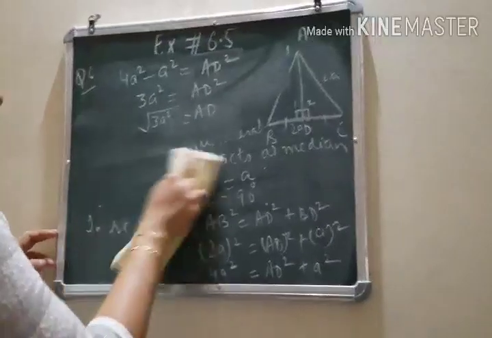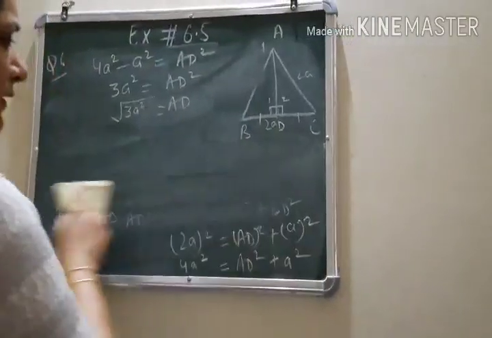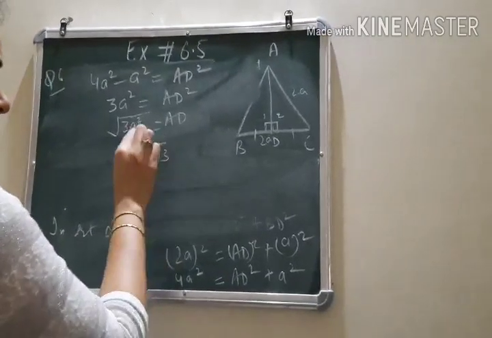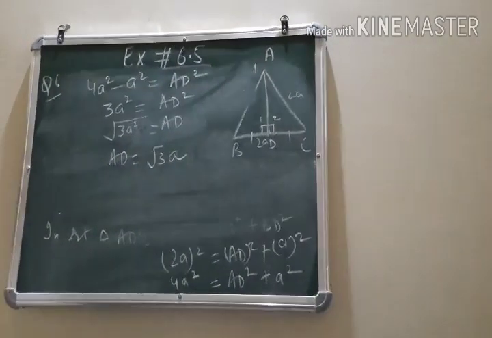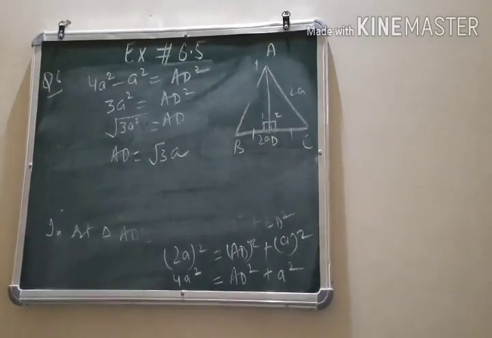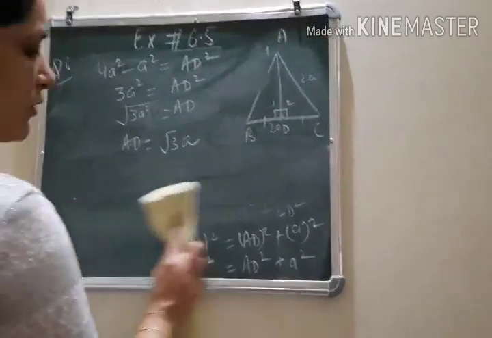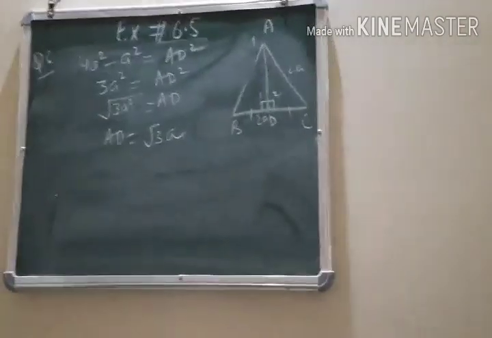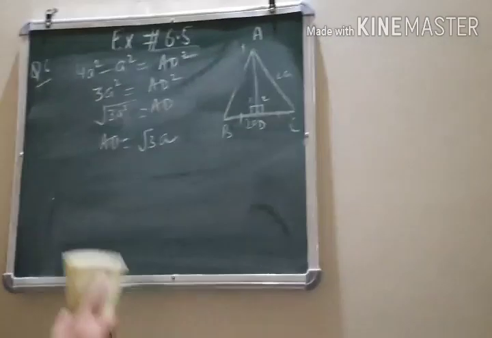As 3 does not have any root, it will be root 3, and from A square you can write A. So root 3A is the square root of AD square. So AD will be root 3A. So this is your answer for question number 6.